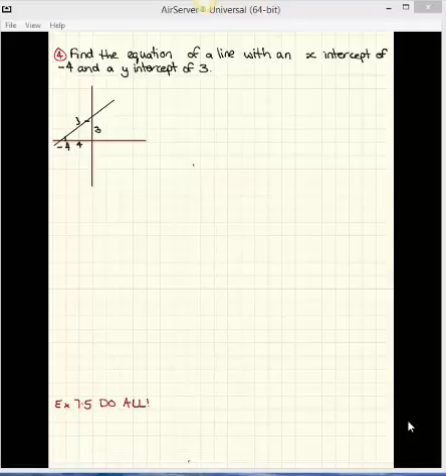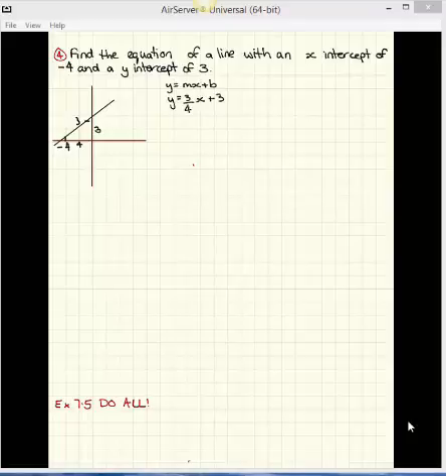Gradient is 3/4. That makes life very easy because I know what the gradient is, I know what the y-intercept is, I can go straight to my equation. So y equals mx plus b. Gradient rise over run, so 3 over 4x plus 3, and you're done.